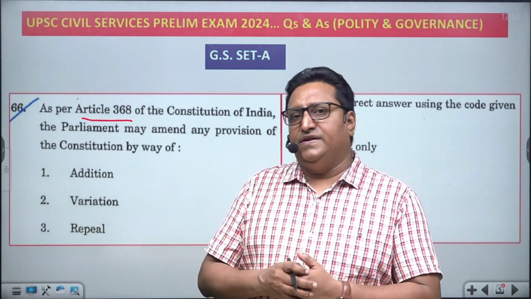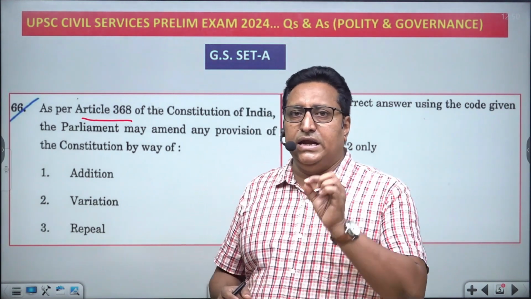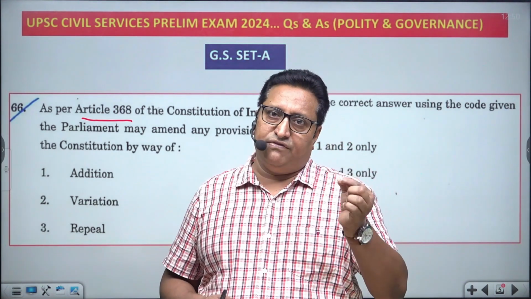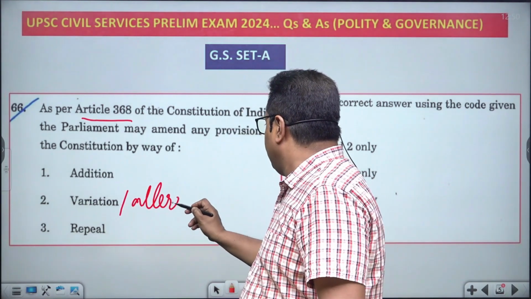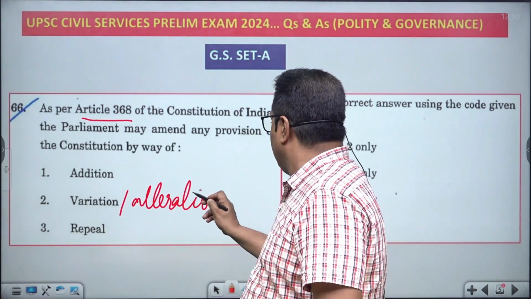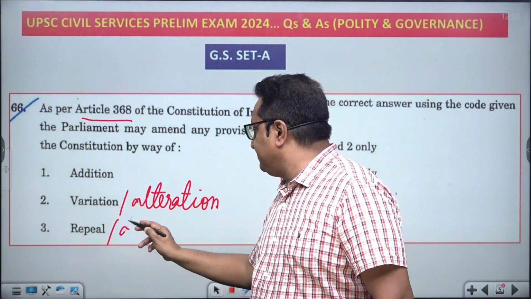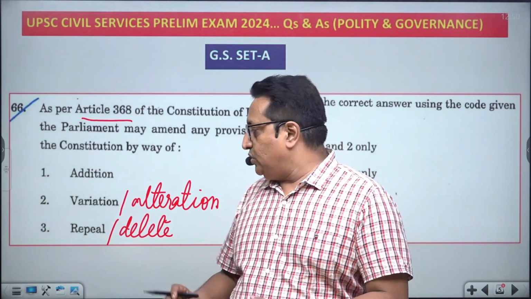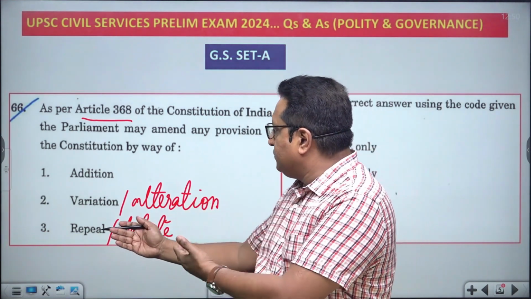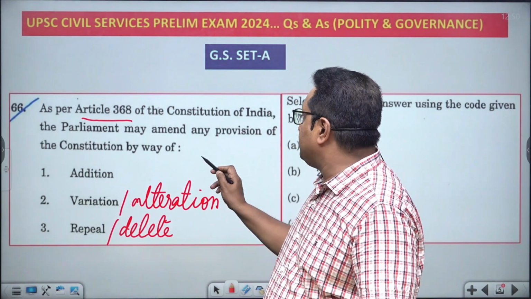Now, if you go through Article 368 properly, then you would know that any kind of addition, any kind of variation, that is alteration, repeal, or we sometimes also call deletion.